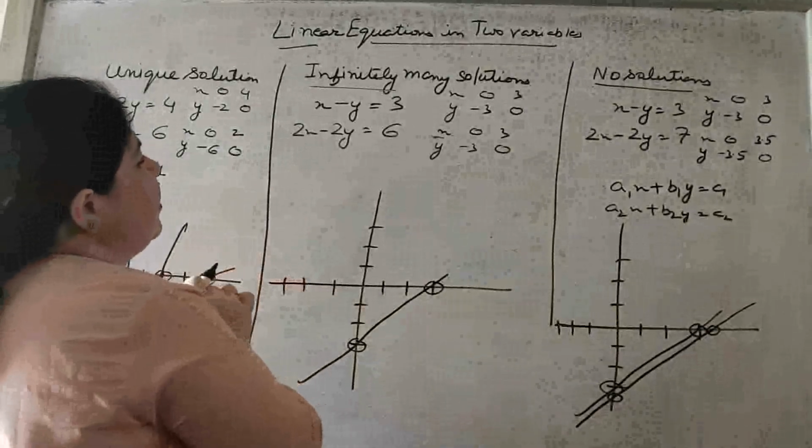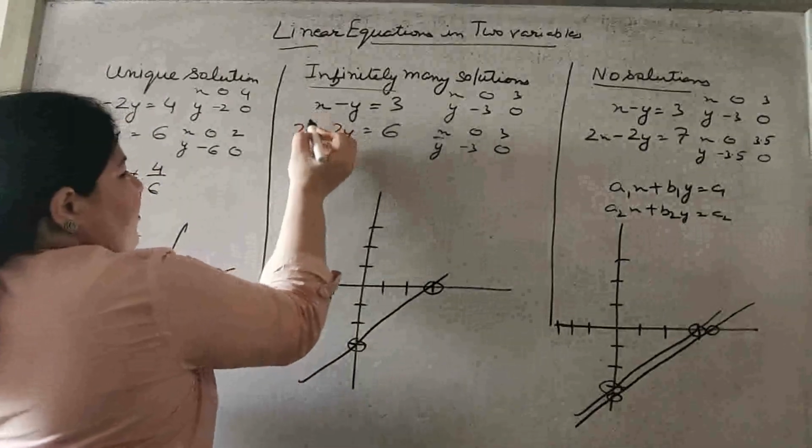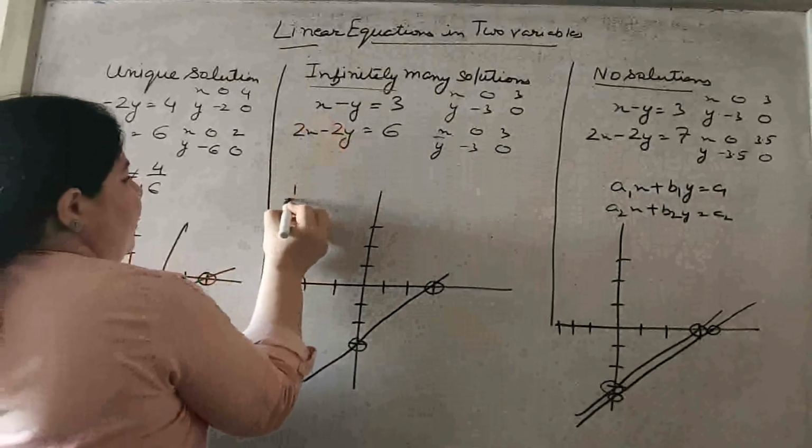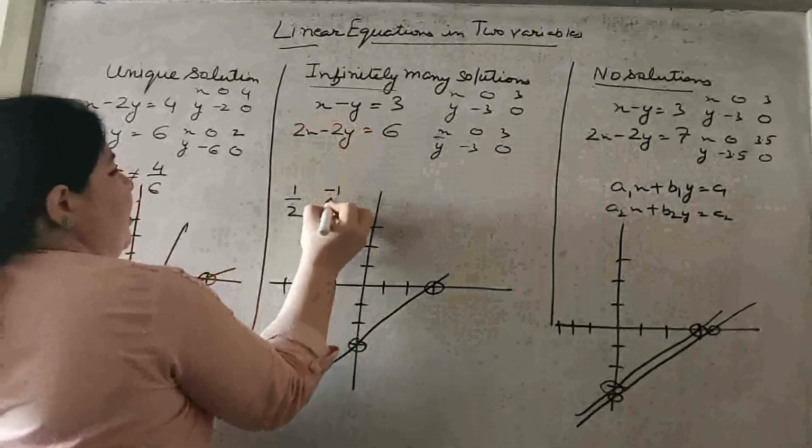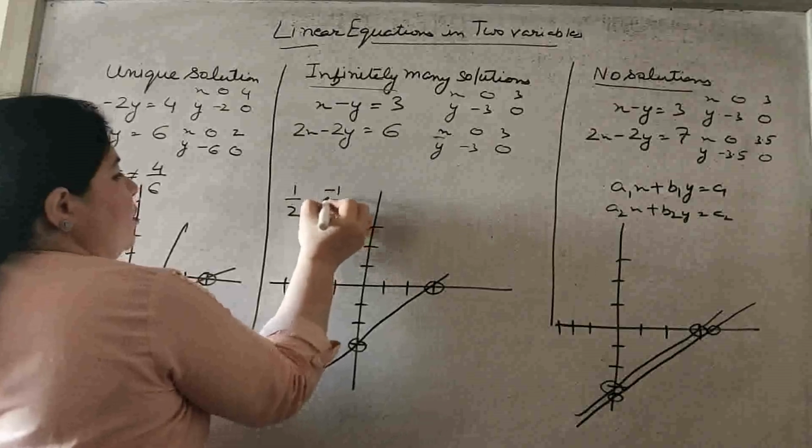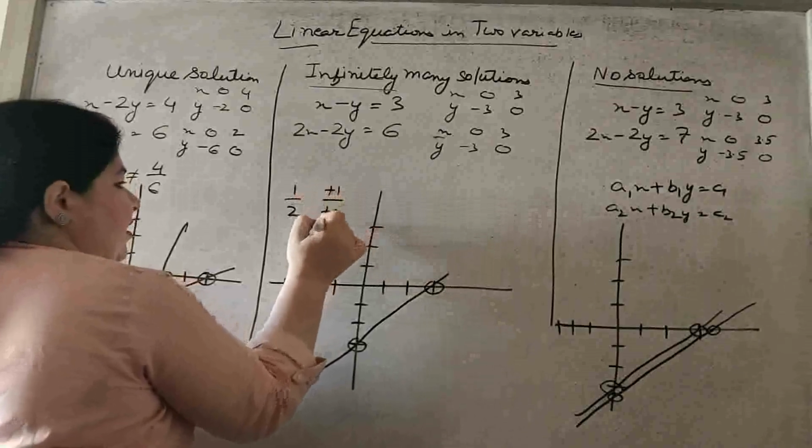What about this, यहाँ पर मेरे पास क्या आएगा, let us check. a1 मेरे पास क्या है 1, a2 मेरे पास क्या है 2, b1 मेरे पास क्या है -1 और यहाँ पे मेरे पास क्या है -2. ये माइनस माइनस will get cancelled out, प्लस हो जाएंगे.